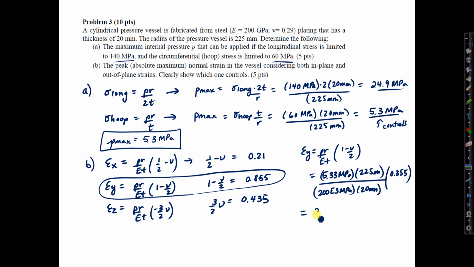That reduces to 2.56 times 10 to the -4th. All the units should cancel out. You can leave the answer in that form or express it as 256 microstrains. Either of those would be acceptable. That concludes this problem.